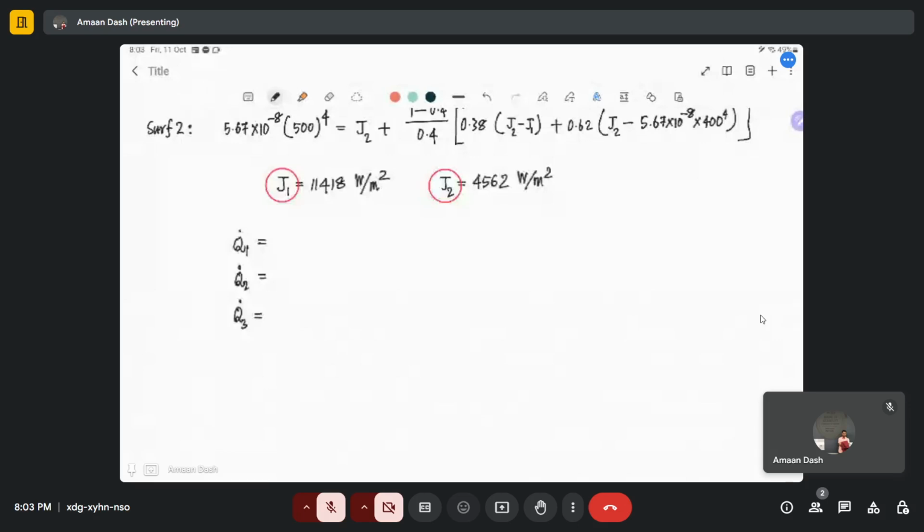F2 to 3 is nothing but 0.62. So you have expressions with J1 and J2. If you solve both the expressions, you will be getting J1 and J2.